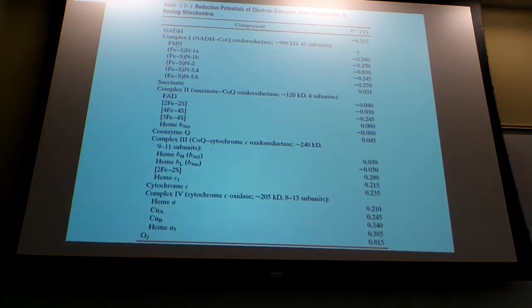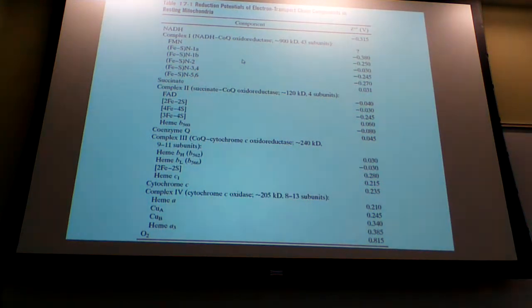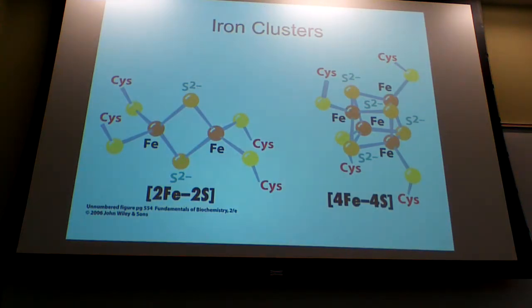So in complex 1, there's the flavin mononucleotide, and then there are all of these iron sulfur centers. And those iron sulfur centers could be 2 irons, 2 sulfides, coordinated by cysteine side chains, or it could be 4 irons, 4 sulfurs, again coordinated by cysteine side chains.